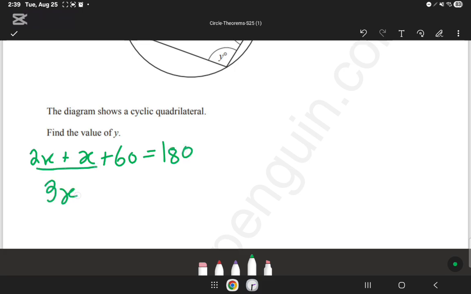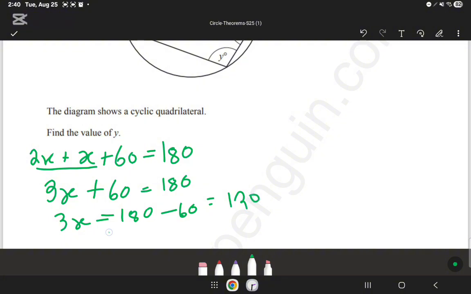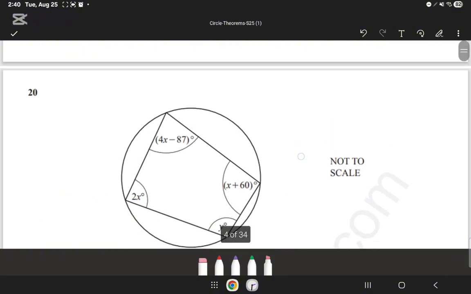So that's 3x plus 60 equals 180. 3x equals 180 minus 60, which is 120. And now we have x equals 120 divided by 3, which is 40. The value of x is 40.